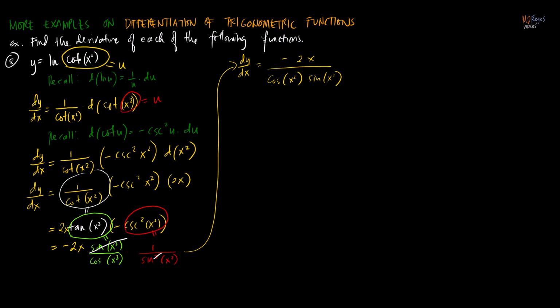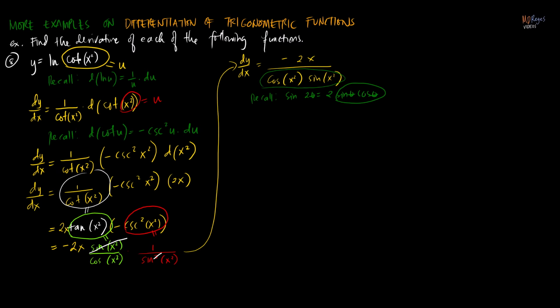Recalling again the double angle identity of sine function, sine of 2 theta is equal to 2 sine theta cosine theta. In our example, theta is equal to x squared. We see this portion, sine theta cosine theta, here, where theta is equal to x squared.